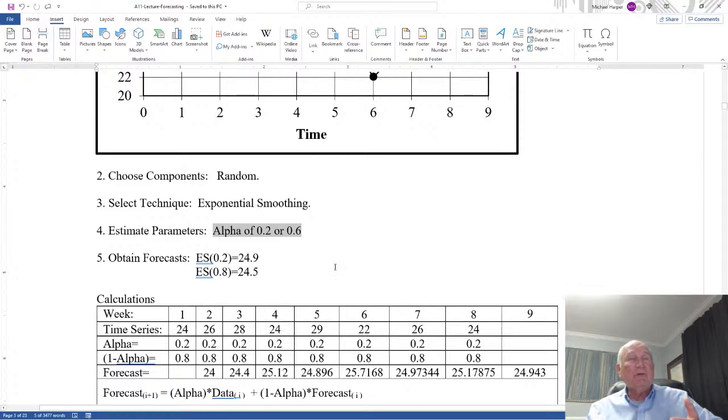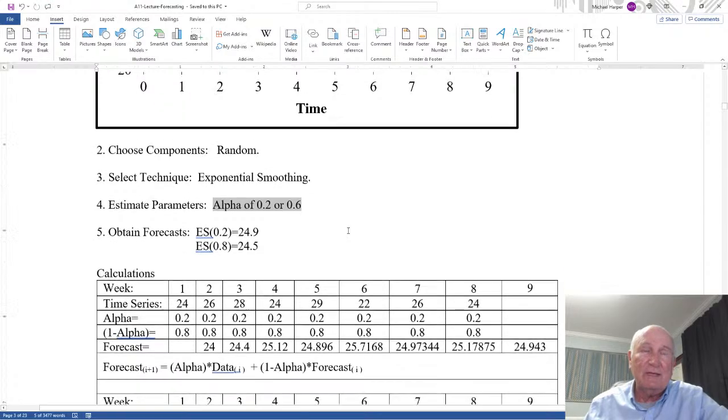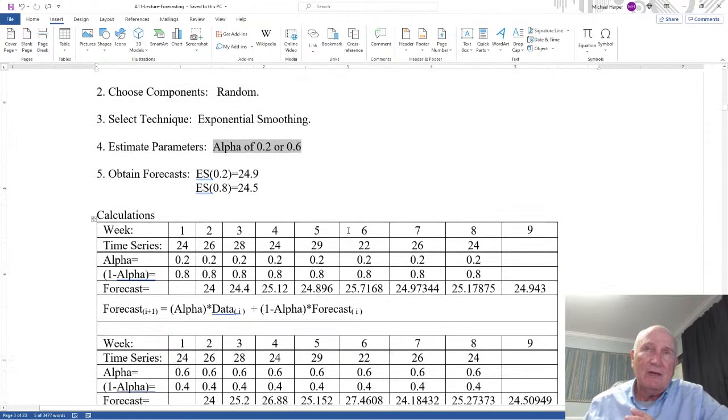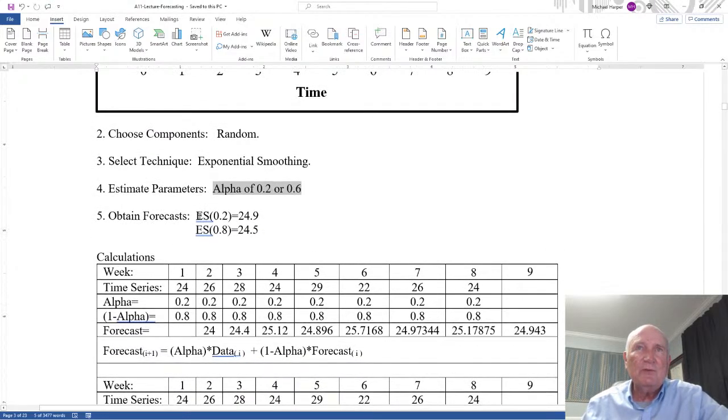Now, if you want to go deeper, there are different ways of determining alpha and the window with different diagnostics, but we're not going to get into that in this lecture. So, exponential smoothing with an alpha of 0.2, the forecast is 24.9. Exponential smoothing with an alpha of 0.6, the forecast is 24.5.